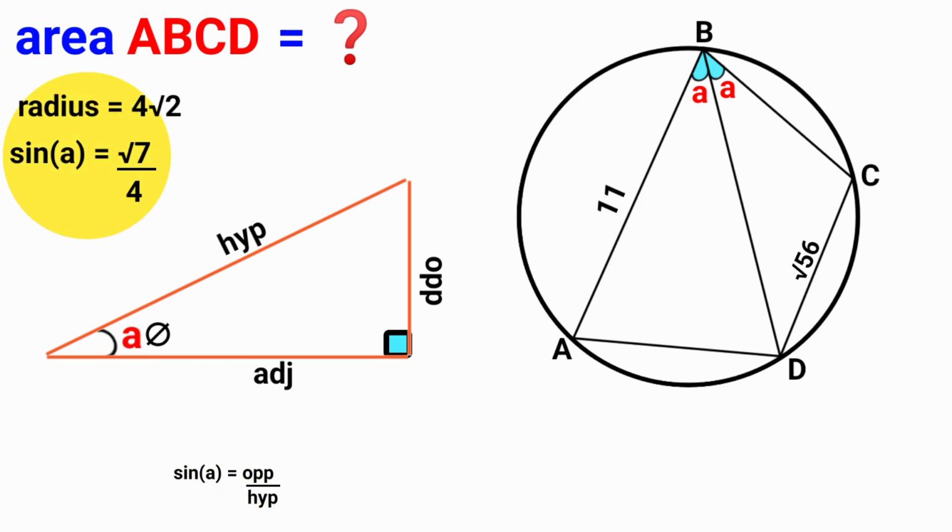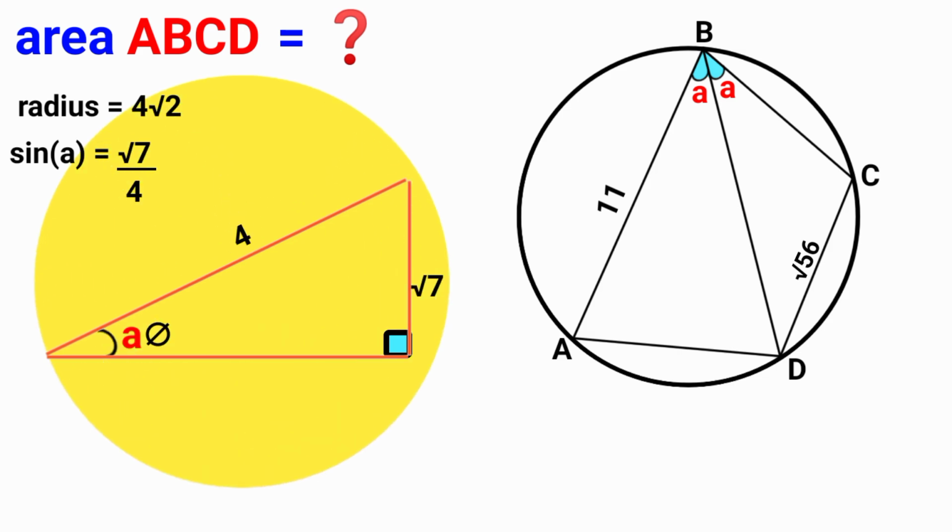Recall here, sin A equal to root 7 over 4. Substitute here, so root 7 over 4 equal to opposite over hypotenuse. From this equation, we can obtain that if opposite is root 7 units, the hypotenuse will be 4 units. That is, this opposite is root 7 and this is 4.